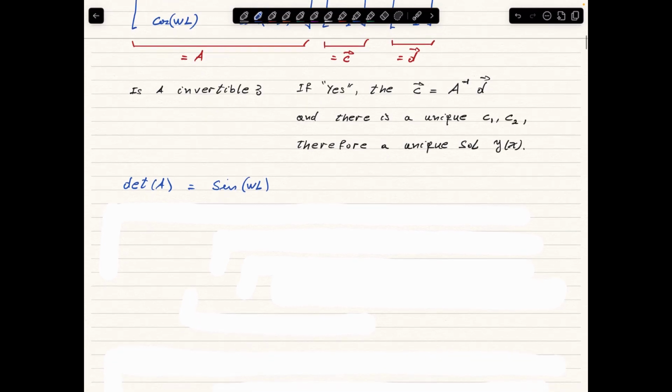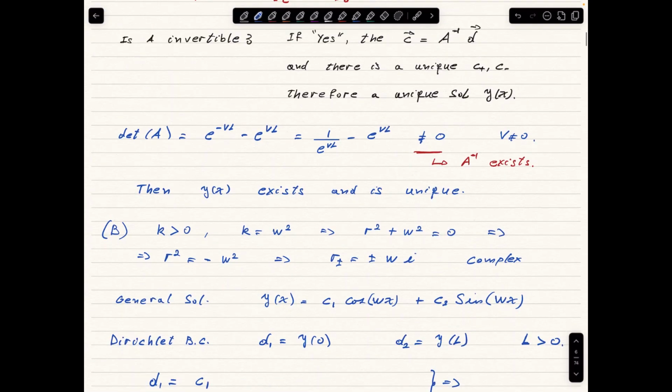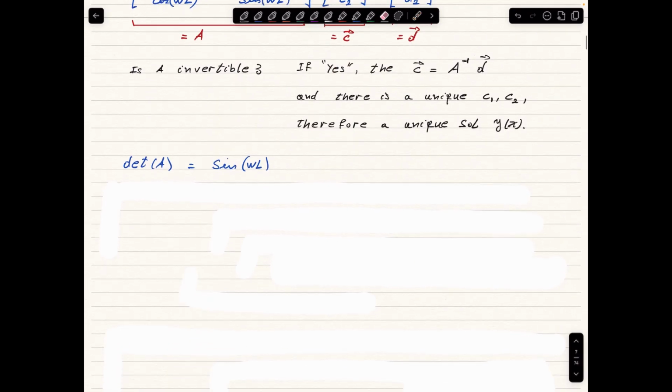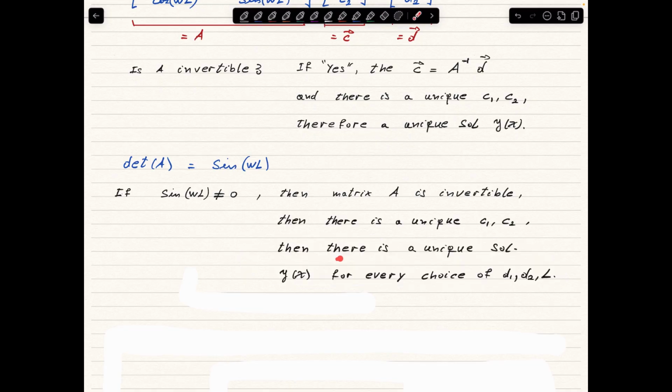Okay, so now the situation is very different because sine can vanish. Before, in the other case, we got something that is always different from 0. But now, this is not the case. Now we have two possibilities. Suppose that the values of k and L we have chosen are such that the sine is not 0. Then the matrix is invertible as before, there exists a unique solution for the constants, and therefore there is a unique solution for the differential equation.